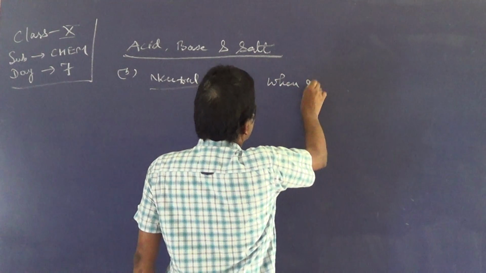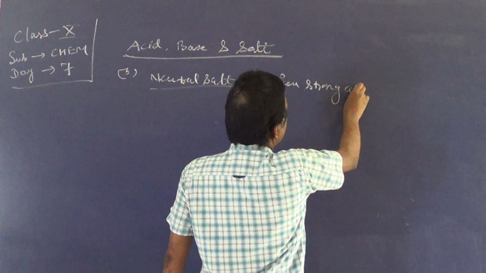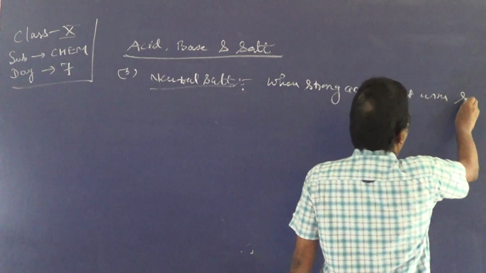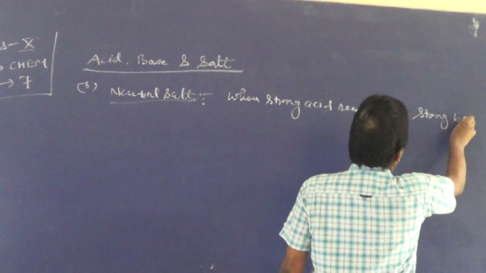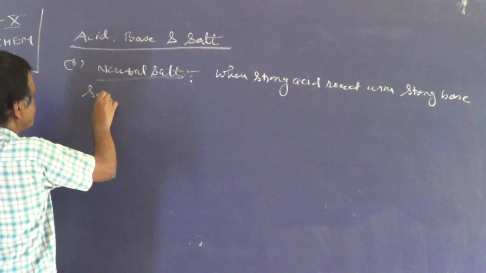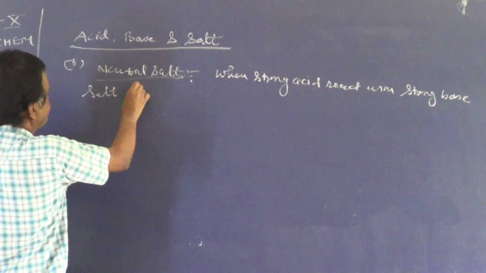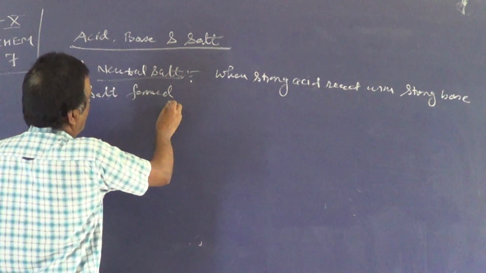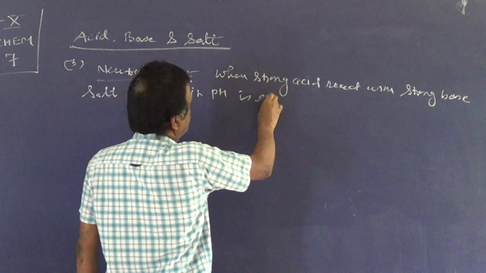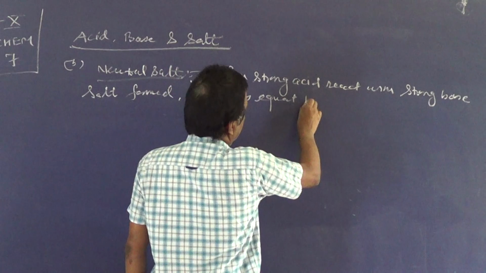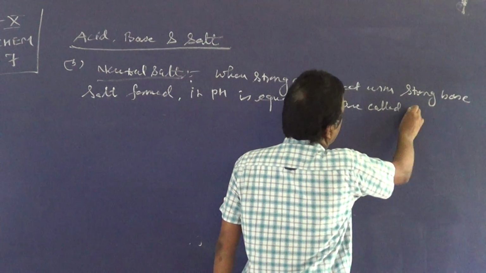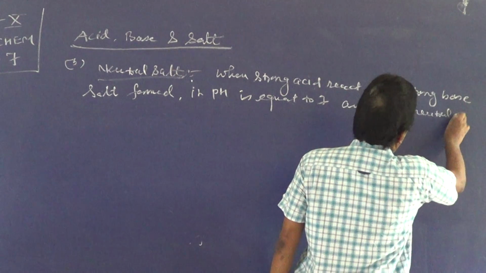When a strong acid reacts with a strong base, the salt formed has pH equal to 7 and is called neutral salt.